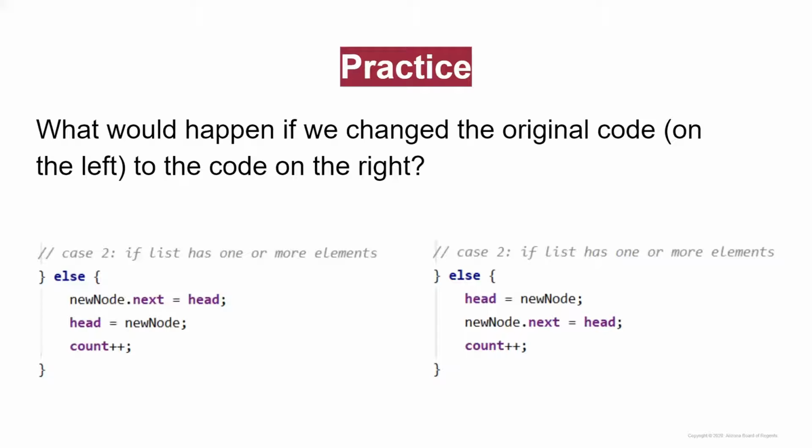On the right, we're flipping the first and second lines within the else clause, saying head is equal to new node, and then new node.next is equal to head. What would be the difference, if there is any? I'll give you a minute to think about this, and then I will go over the answer.